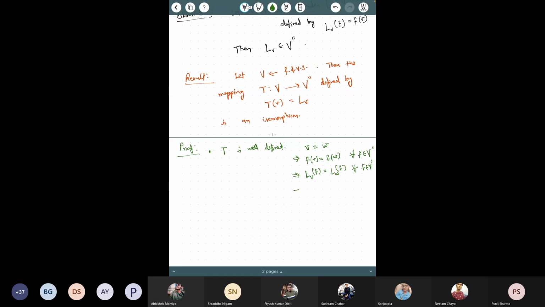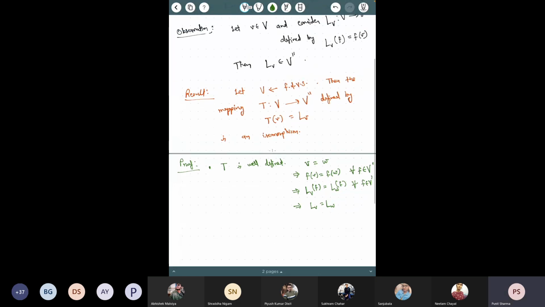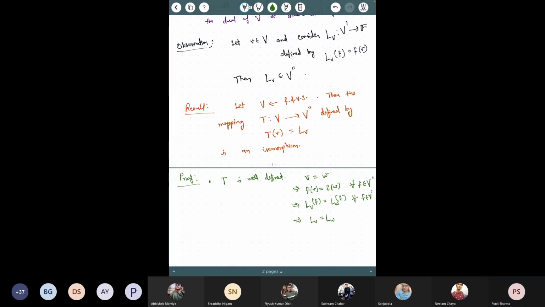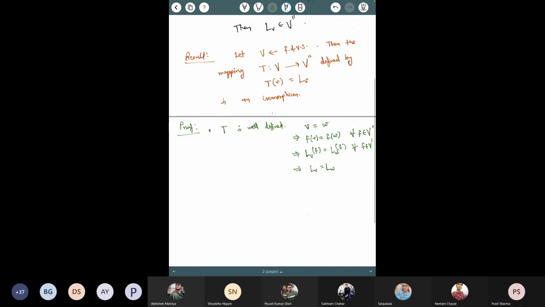Yes, because LV is just a function from V dash to F, and the function values of LV and LW are the same at every point in V dash. So these two functions have to be the same. So this is well-defined.